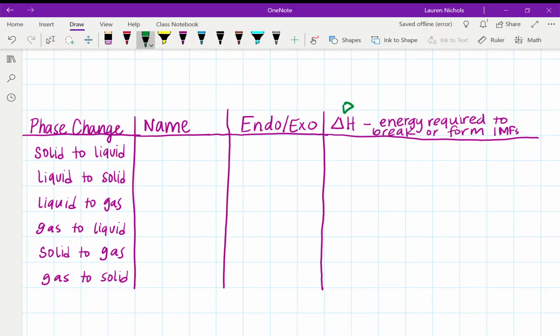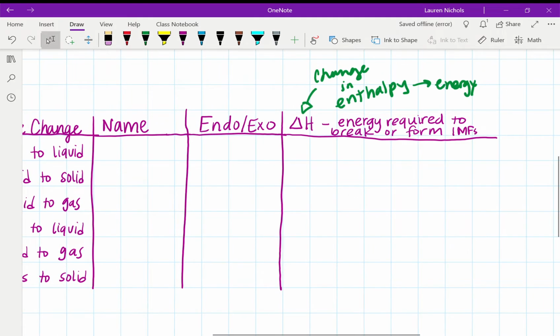Delta H means the change in enthalpy, which is basically energy. You're probably wondering, why aren't we just using energy? Well, it's specific, meaning that it's a change in energy, but it includes the work plus the heat.